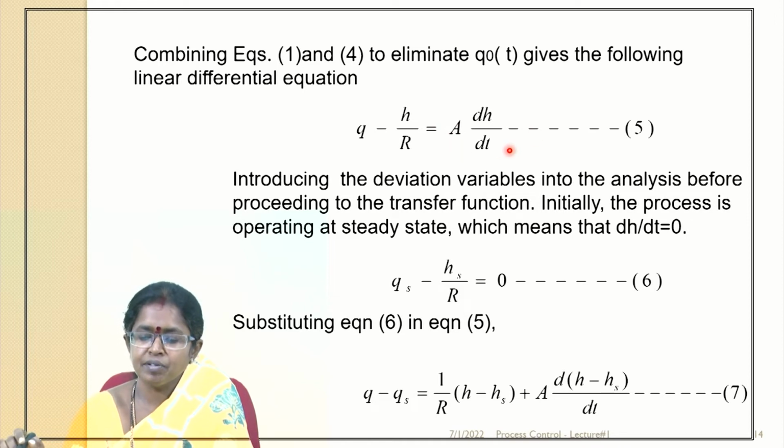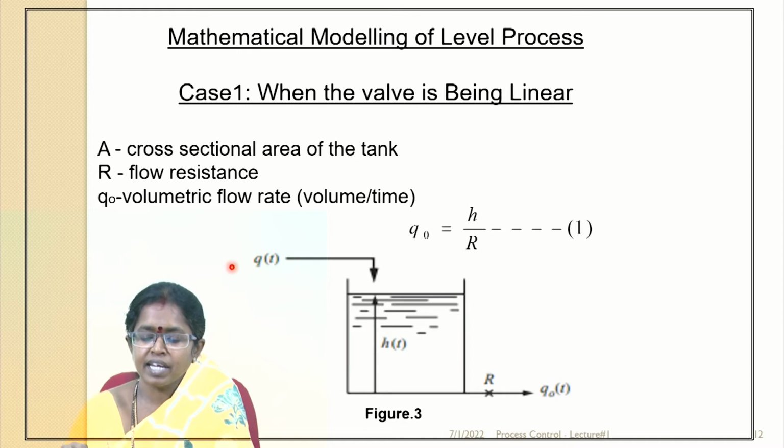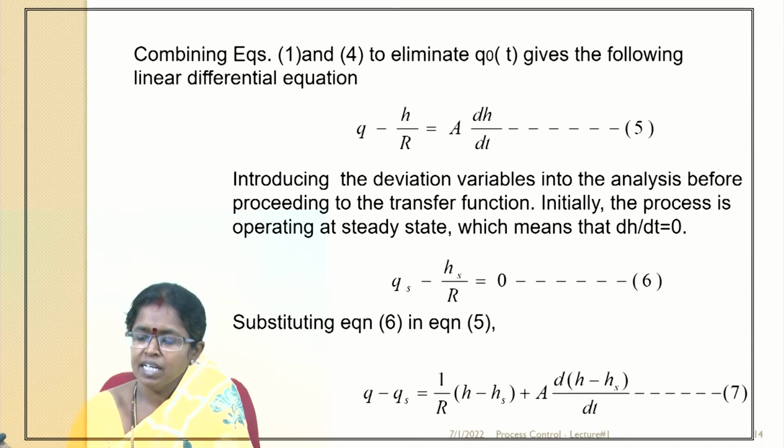Now I am going to introduce the deviation variables before obtaining the transfer function, right? Initially the process is operating at steady state. What is the meaning of steady state? There is no change, so the inlet flow rate is equal to outlet flow rate, so the level in the tank is constant, so dH by dt is equal to 0.